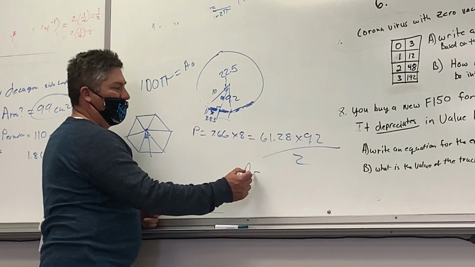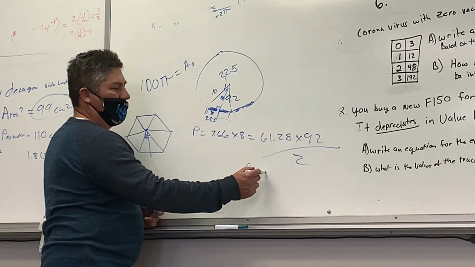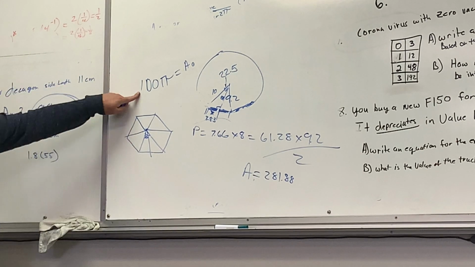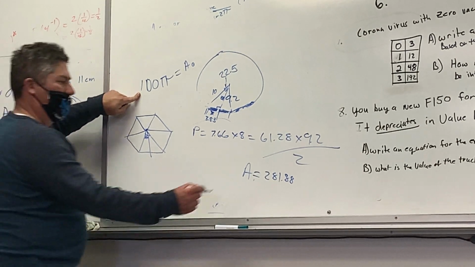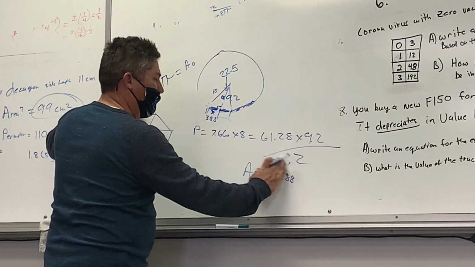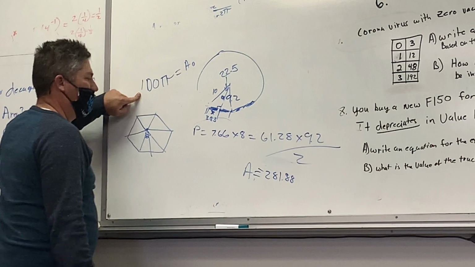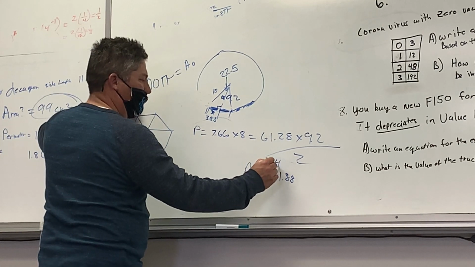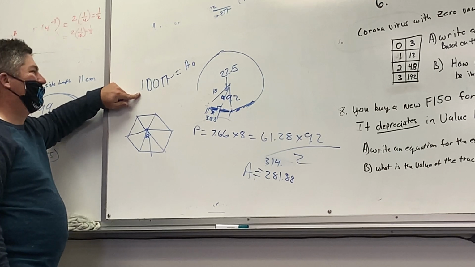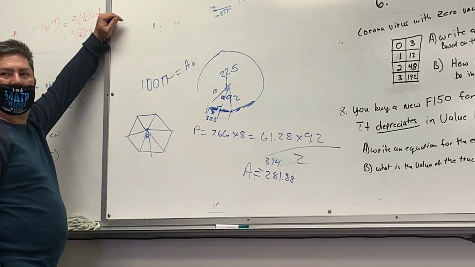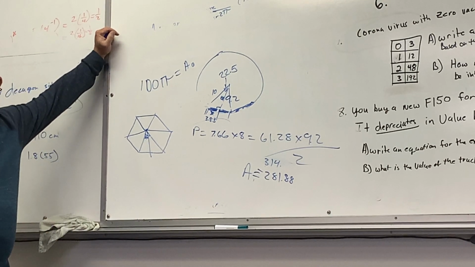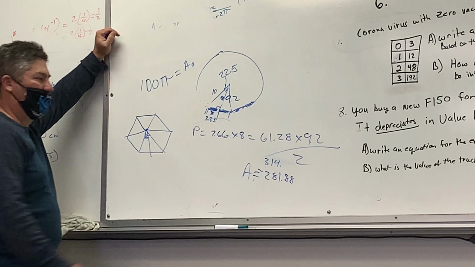So my area is what? 281.88. Okay? And I've got to subtract that from what? 100 pi. Which is 300 and what? 314 point what? Do 100 times pi. 314.15.